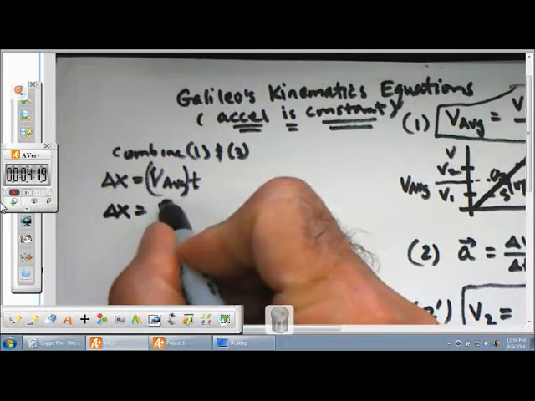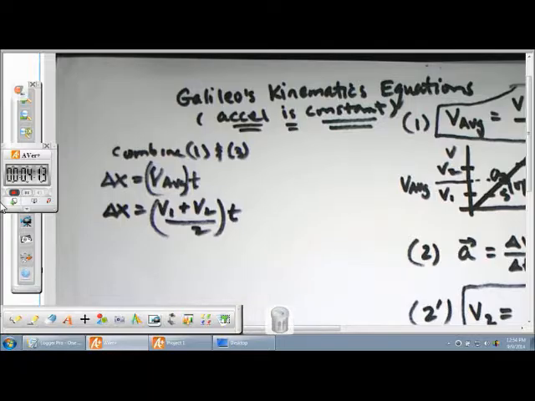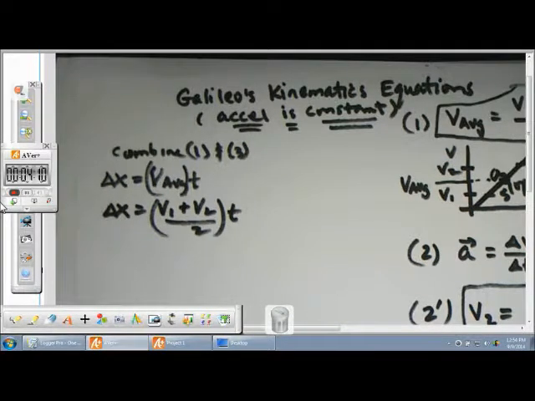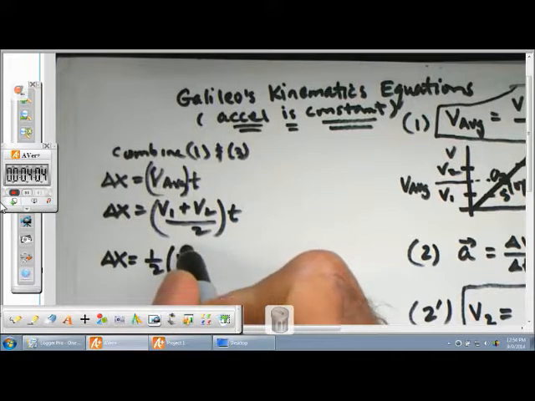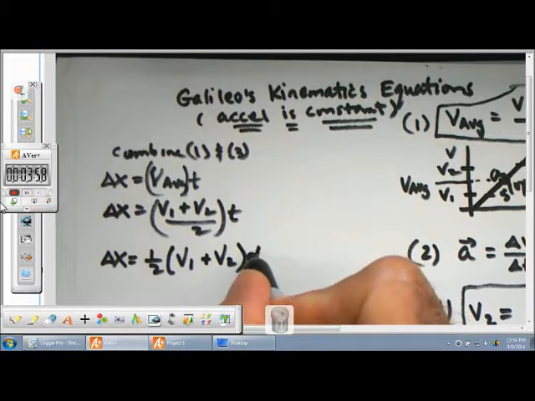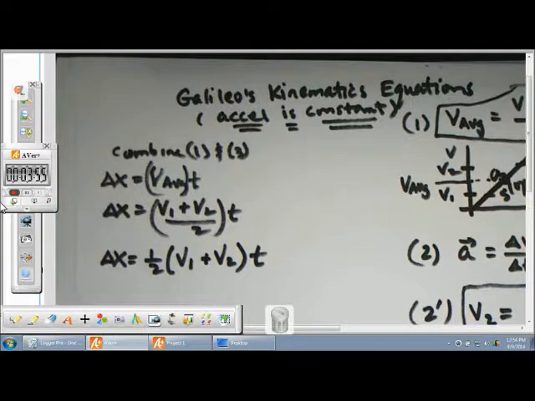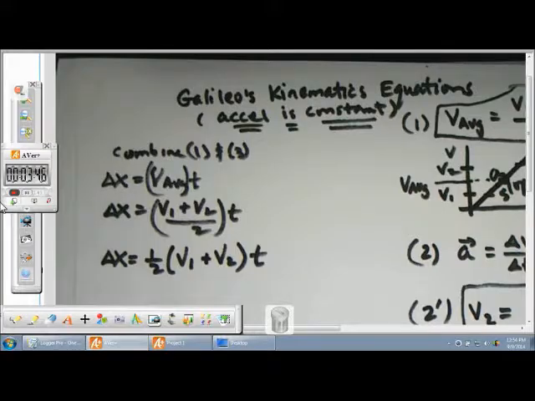So we end up with one half of v1 plus v2 times t. Okay, and that's pretty useful right there. I'll pull out the 1/2. So far so good? That's a useful relationship right there. And we can then do some other things with that, which I'll have to put on hold for later.